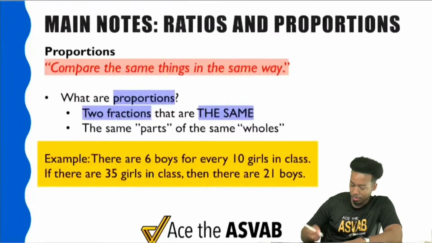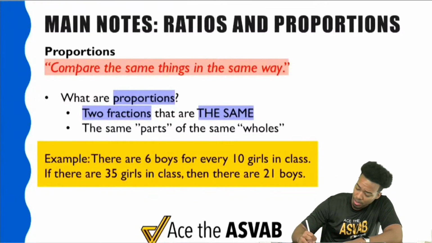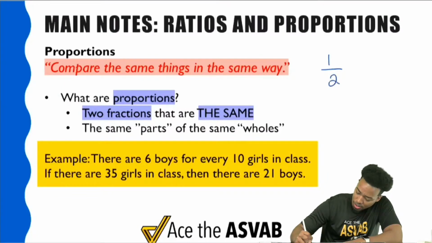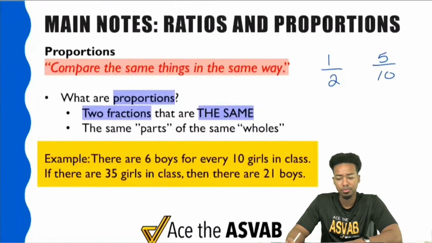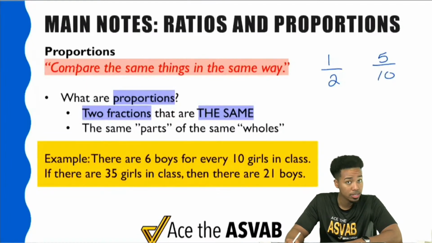So for example, everybody, is it true that 1/2 is the same as, let's say, 5/10? Is that true? I appreciate it, Junior. Yeah, so if I had 1/2 and 5/10, yes, those fractions are indeed the same.